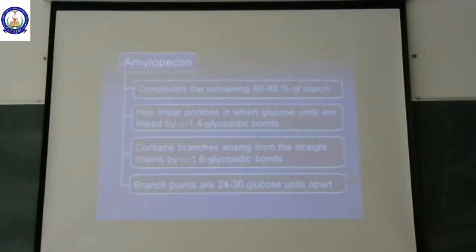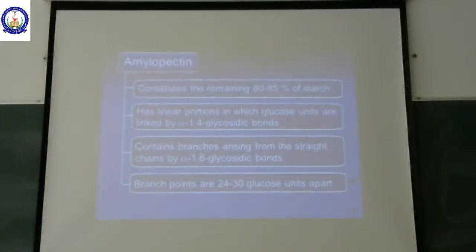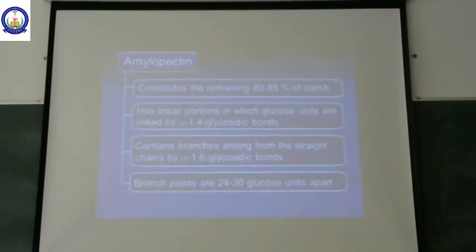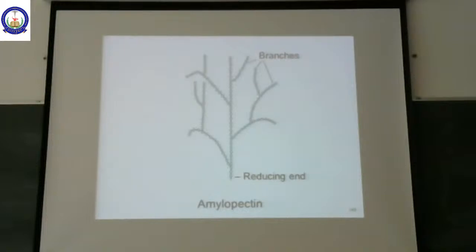The branch points are around 20 to 30 glucose units apart. After 20 to 30 glucose units, a branching point occurs in the amylopectin. Here is the reducing end; this is how we can see the amylopectin.